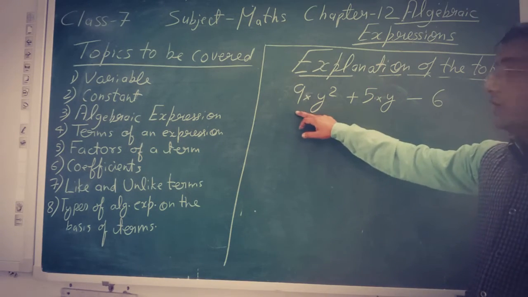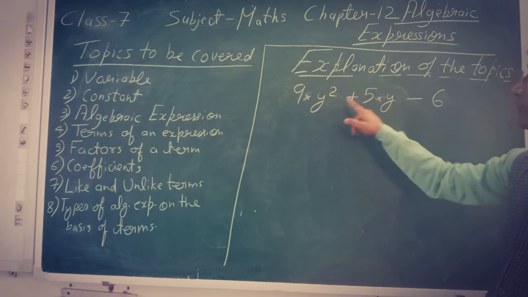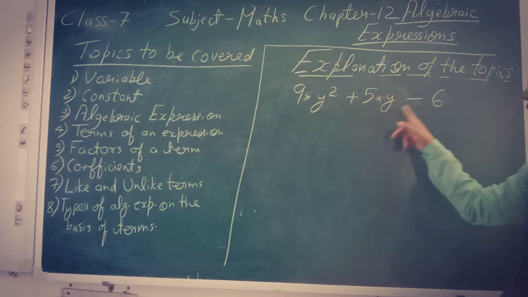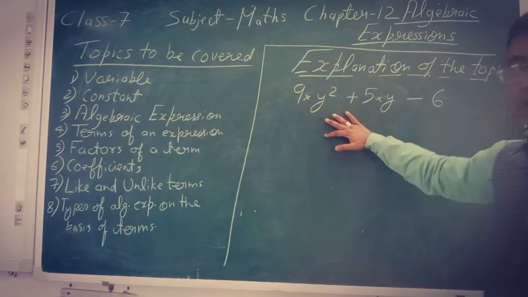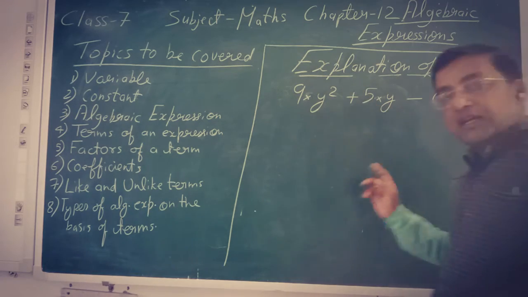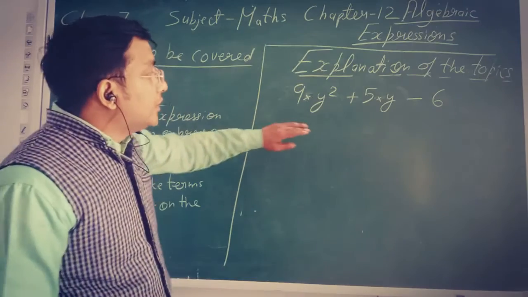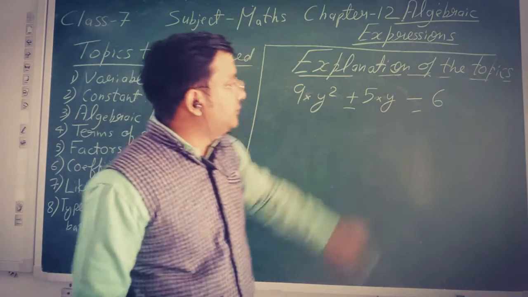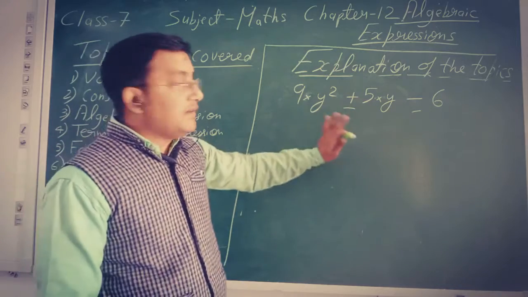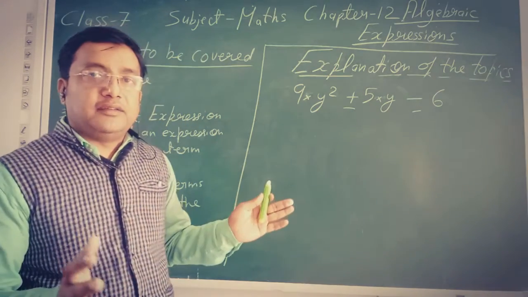Now here I have taken an algebraic expression: 9 multiplied by y square plus 5 multiplied by minus 6. If you see this closely and consider only two signs, plus and minus, these two signs actually divide this expression into several parts.